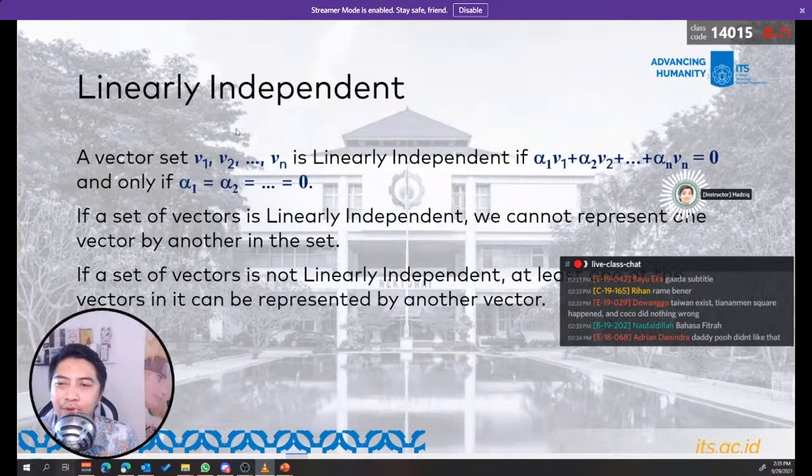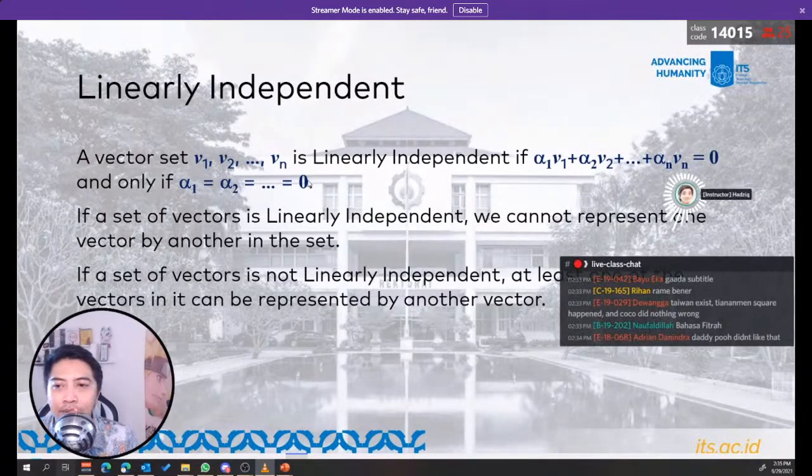But in the case of computer graphics, I think we can stop at v3. v1, v2, v3 is linearly independent if alpha 1 v1 plus alpha 2 v2 plus alpha 3 v3 is equal to 0 only if alpha 1 equals alpha 2 equals alpha 3 equals 0.